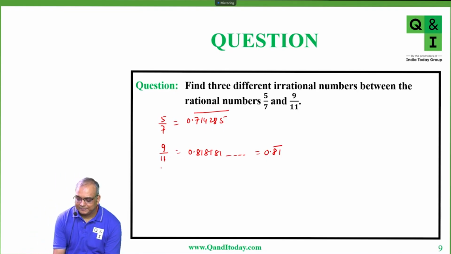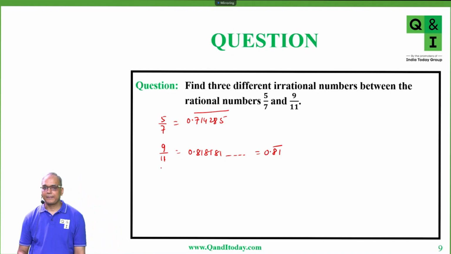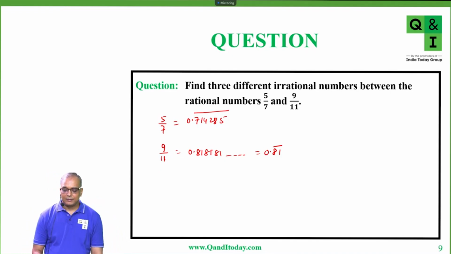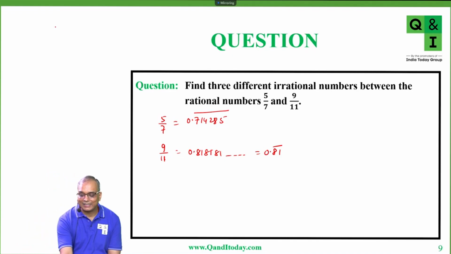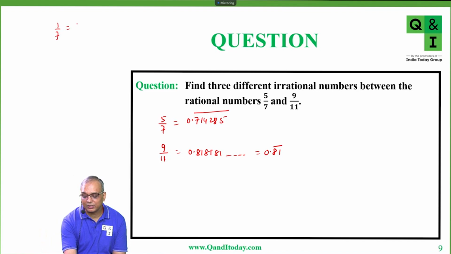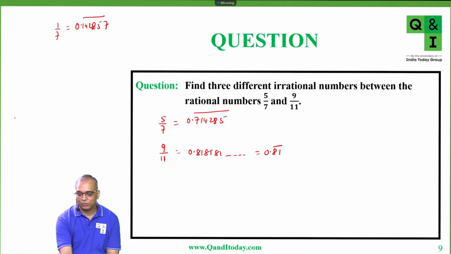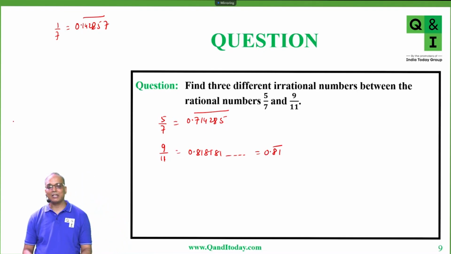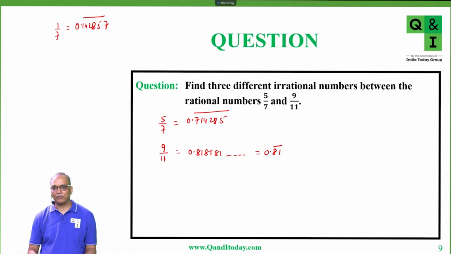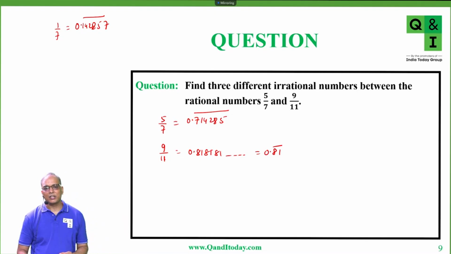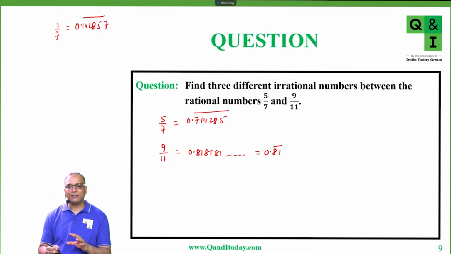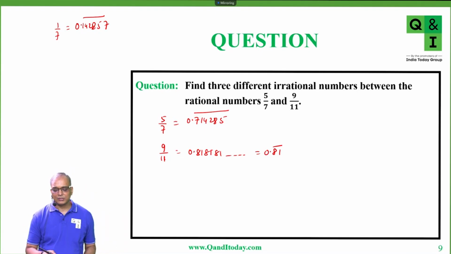Is it clear? This we had seen last time. 1 by 7 was equal to 0.142857. If we have to find 5 by 7, we multiply this by 5. This is one way of doing it. The other was when we saw the repetition in the remainder, then also we could have guessed the values.